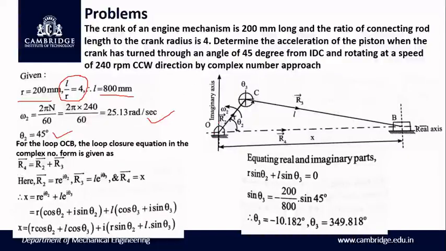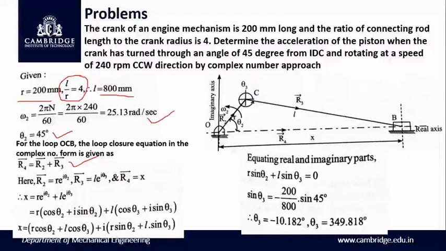By looking at this diagram we can say we have a closed loop OCB, hence the loop closure equation in the complex number form can be written as R4 vector equal to the summation of R2 vector plus R3 vector. We can represent these position vectors like r into e to the power of i theta.